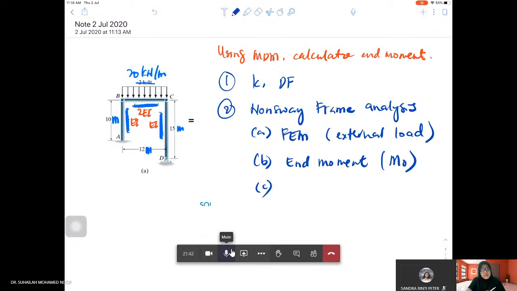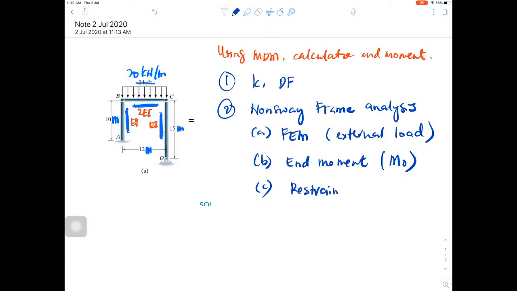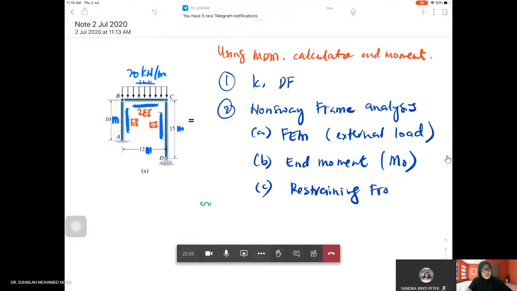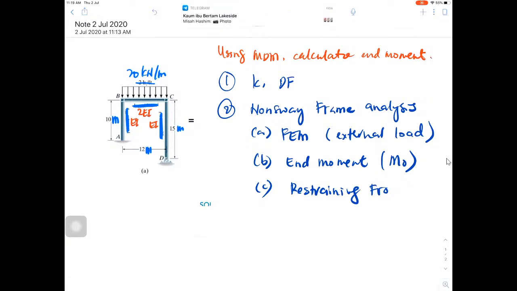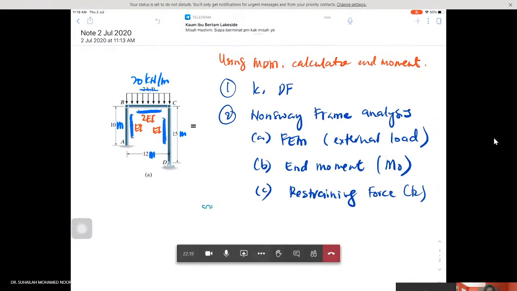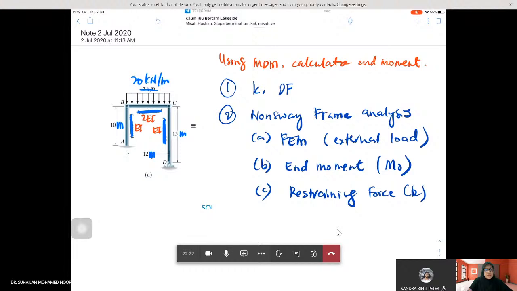And C, using the end moment from the table, we will calculate the R value, the restraining force R.